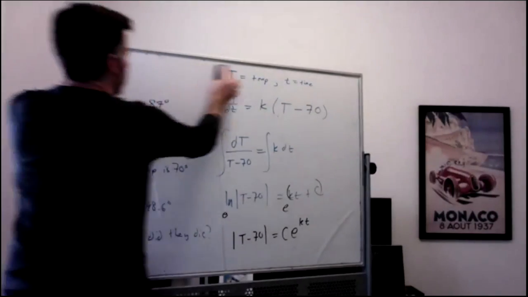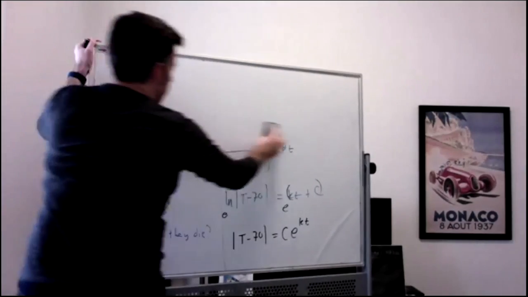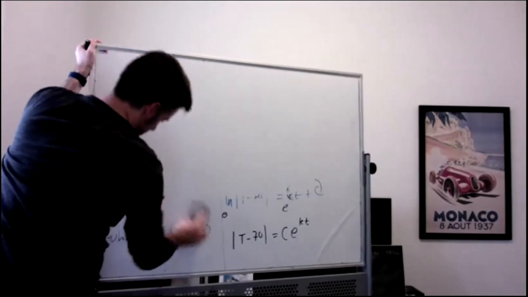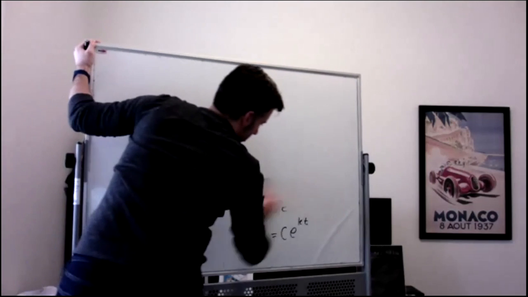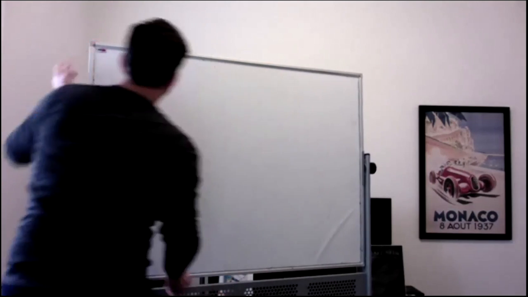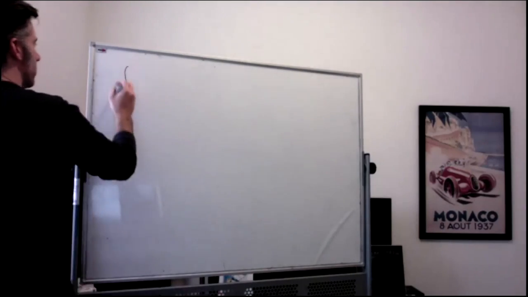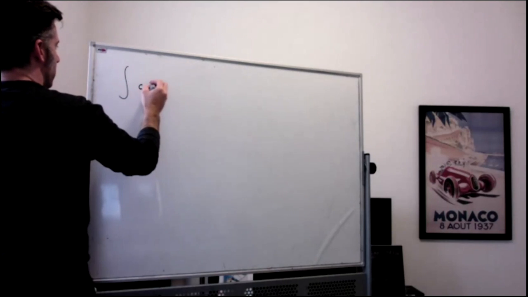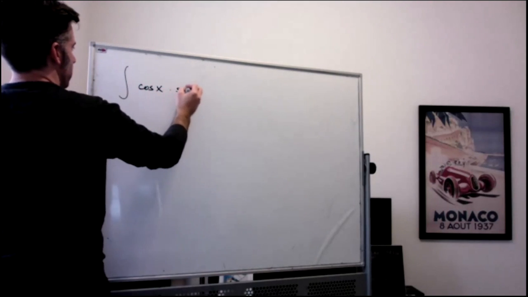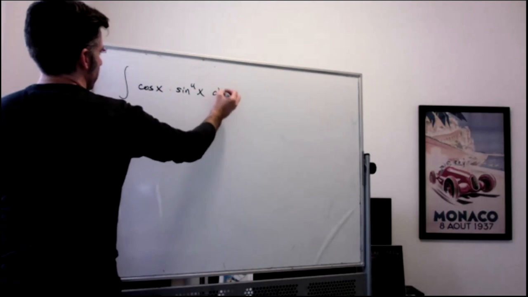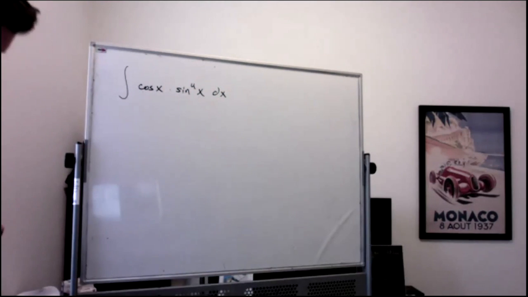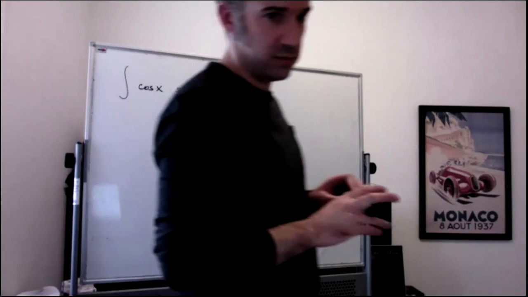But sometimes you have not quite that horrible situation. Sometimes you might have something like the integral of cosine x times sine to the 4th of x. So here is your intuition.